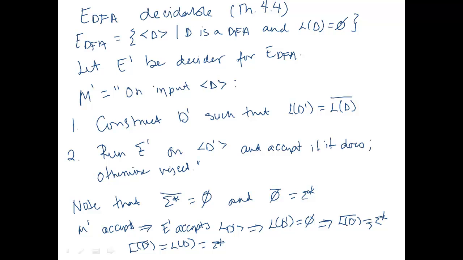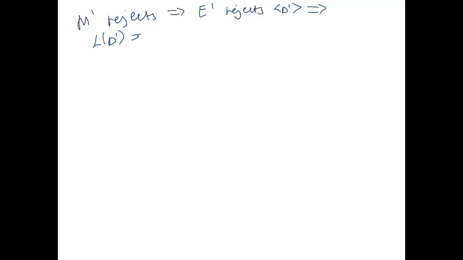Okay, so the machine accepts if the language of D was sigma star, which is exactly what we wanted it to do. And when does it reject? So M prime rejects when E prime rejects the description of D prime, which is when the language of D prime is not equal to empty, which happens when the language of D prime complement is not all strings.